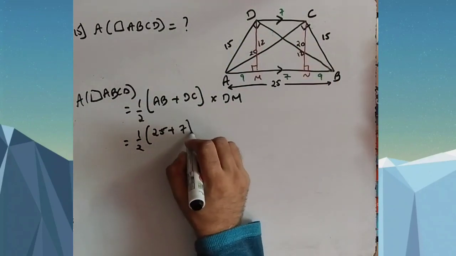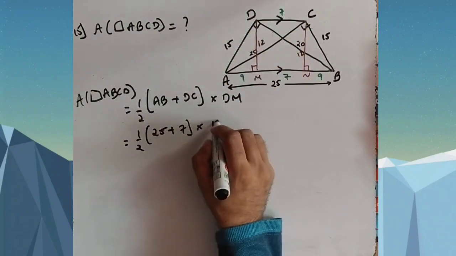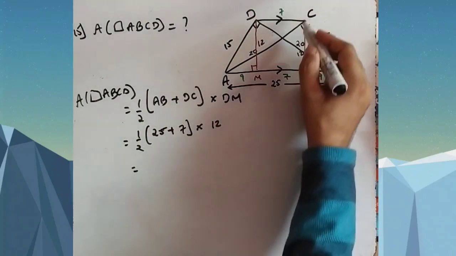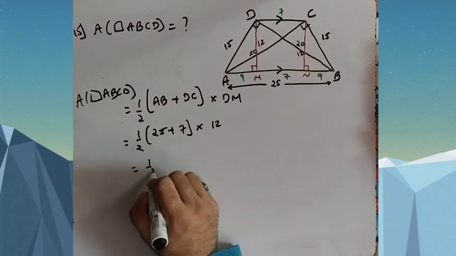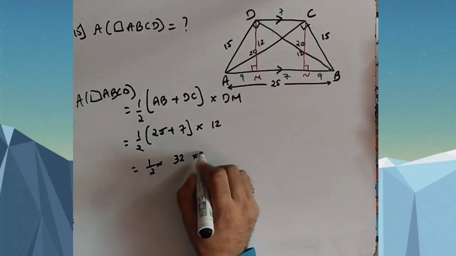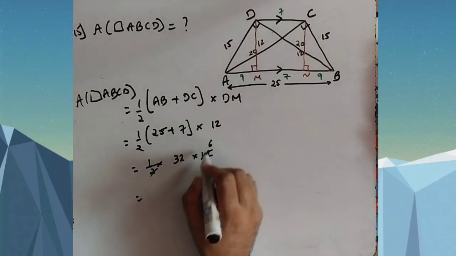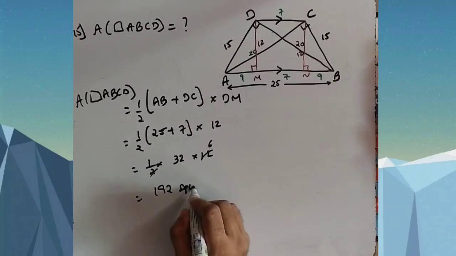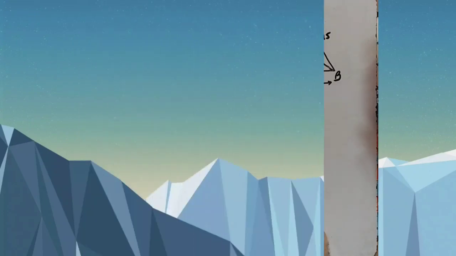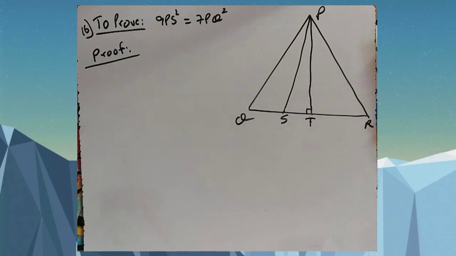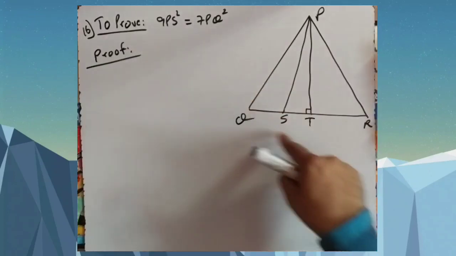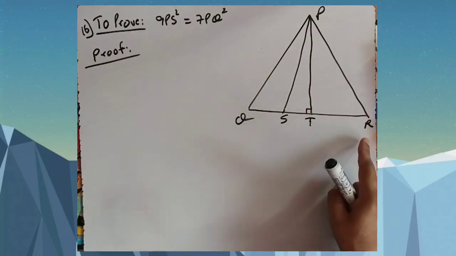DC we found just now as 7. Height DM is 12. Height you can also take as CN, it doesn't matter. Half into 32 into 12 will give you 192 square units.